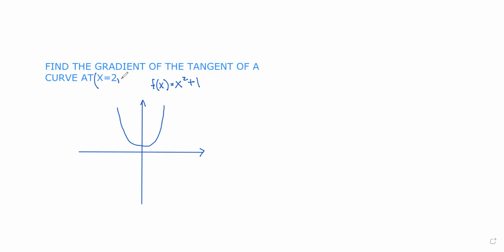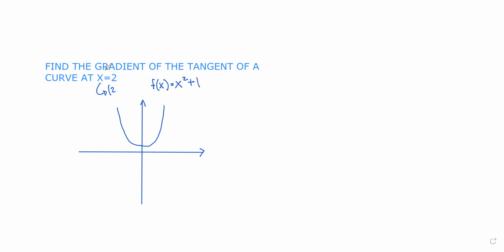We sub 2 here, which will be 2 squared plus 1, which is 5. So this is the given point.